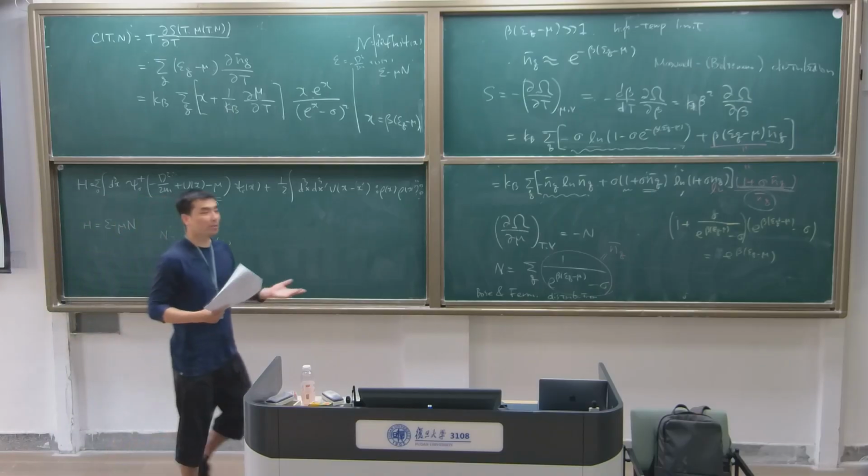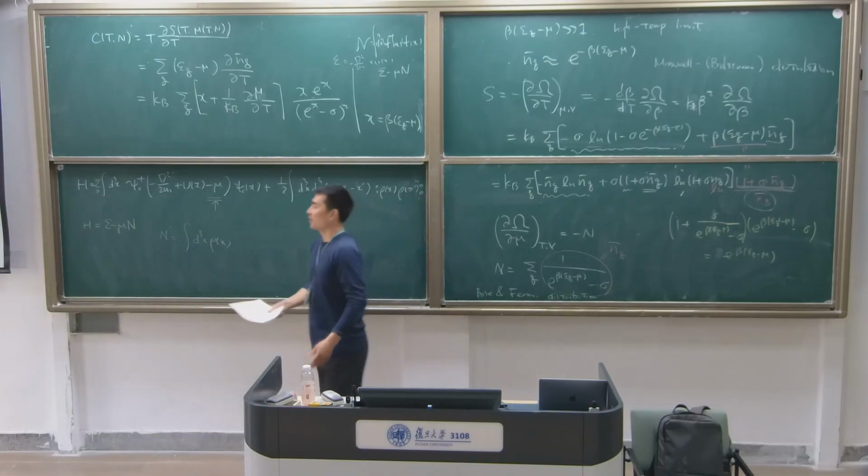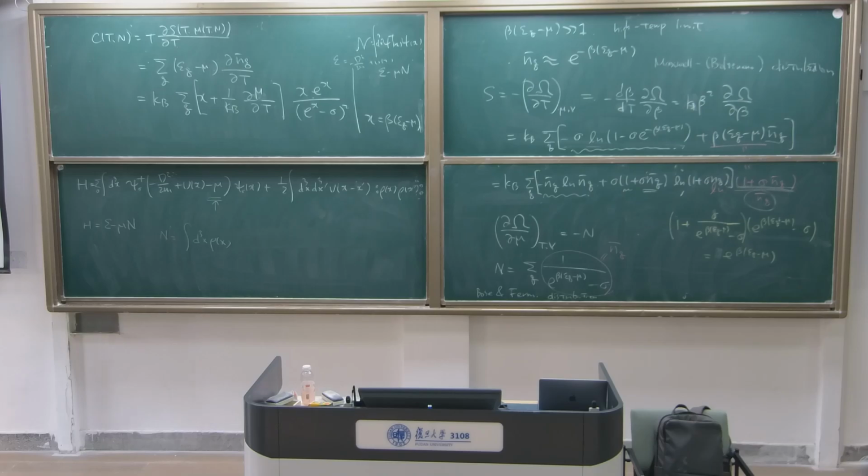Here is the chemical potential, appropriately normalized, and S is the entropy, appropriately normalized. Then the internal energy of the system, and then the heat capacity. We derive everything from this Bose-Fermi distribution by the grand canonical ensemble.